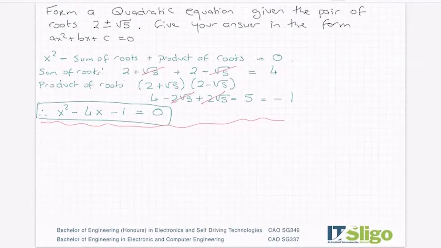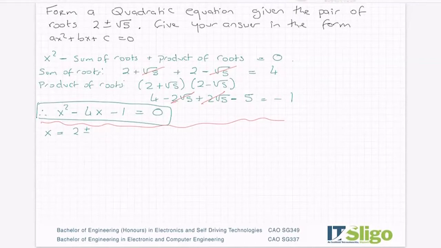Okay, well there is. When they tell you the roots, you can write down then, so if it's a root, it means it cuts through the x-axis at those values. Okay, so if I was to plot it, this quadratic would cut through the x-axis at 2 plus root 5 and 2 minus root 5. Okay, that's what a root is.